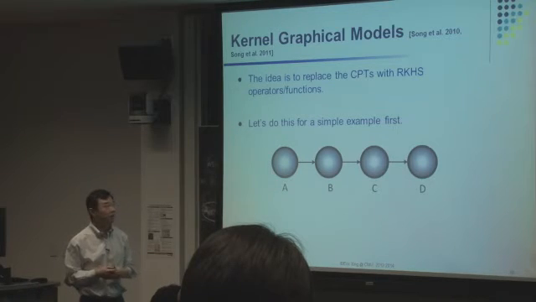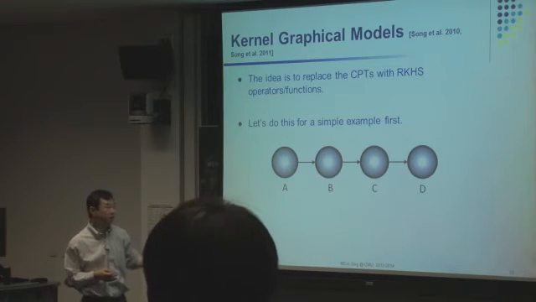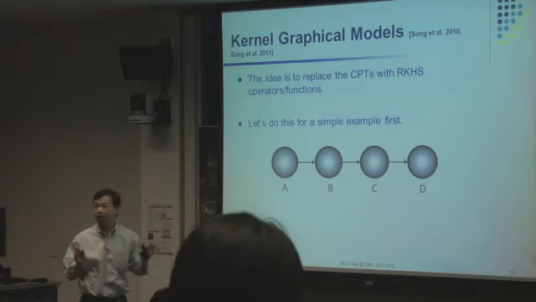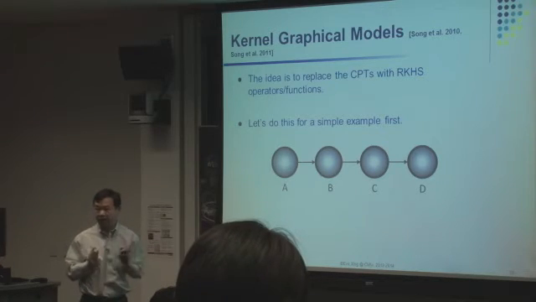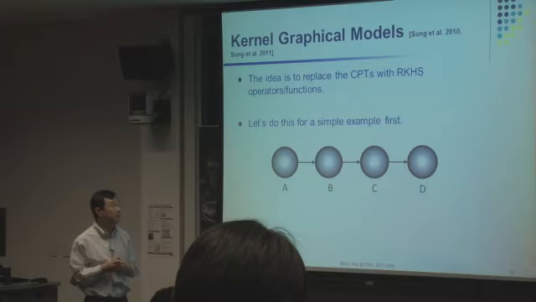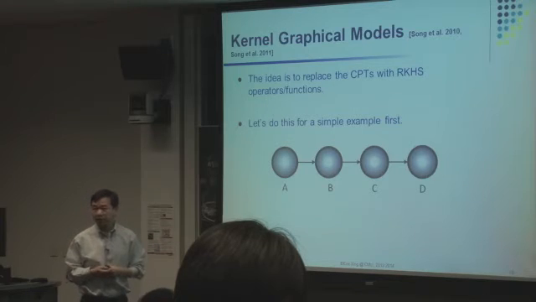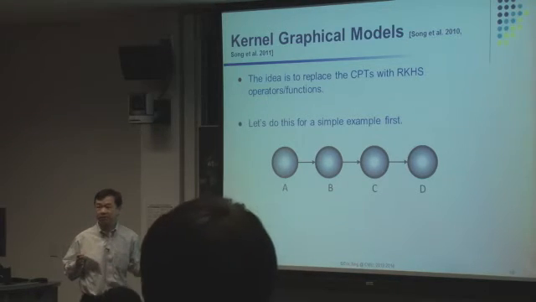And what we gain from there is that when you define a CPT or a parametric form of conditional distribution of B given A or C given B, they all need strong assumptions, right? Whether they are discrete distributions or Gaussian distributions, all these assumptions can be very, very restrictive. But with the RKHS operators and functions, you virtually don't make any assumption.